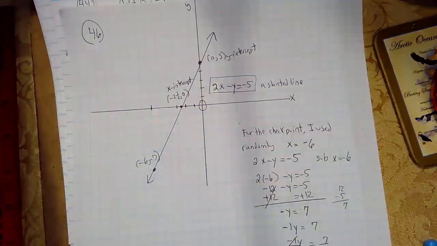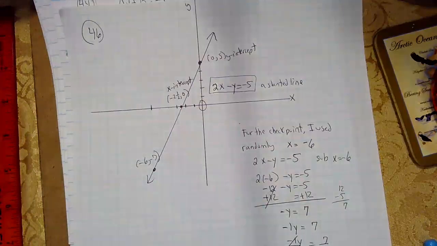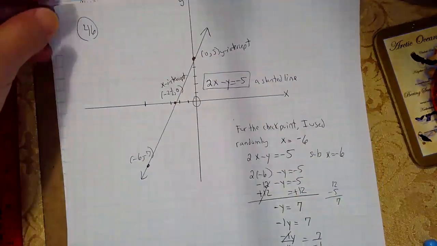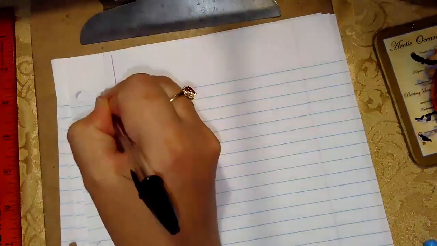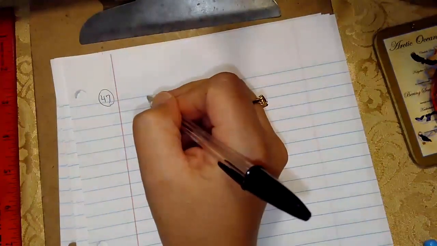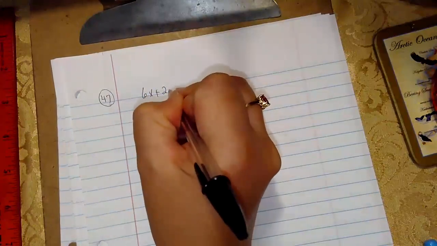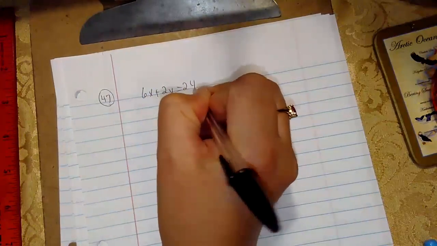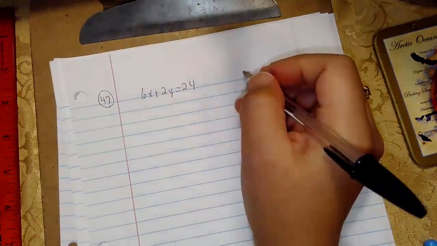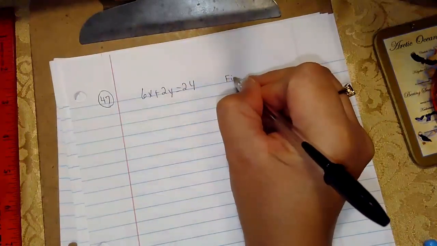Okay, now I'm going to go to 47. 47 says they want you to find the x-intercept and the y-intercept for this graph.